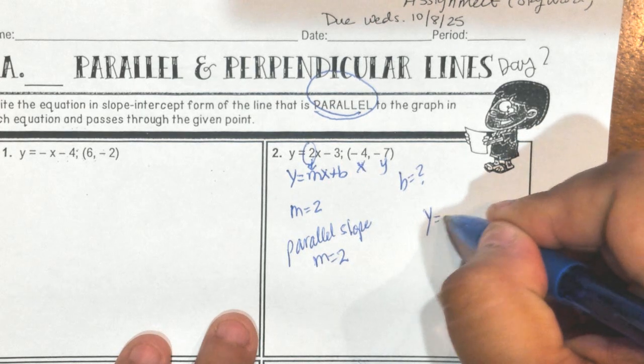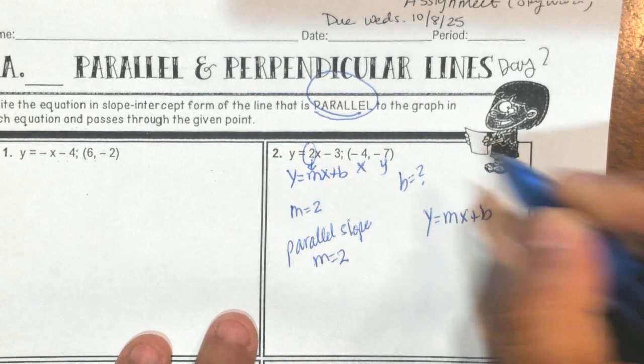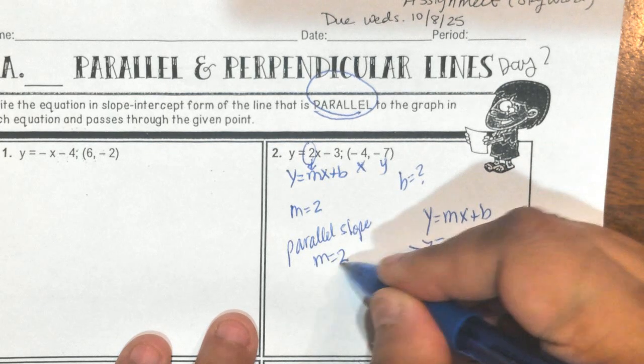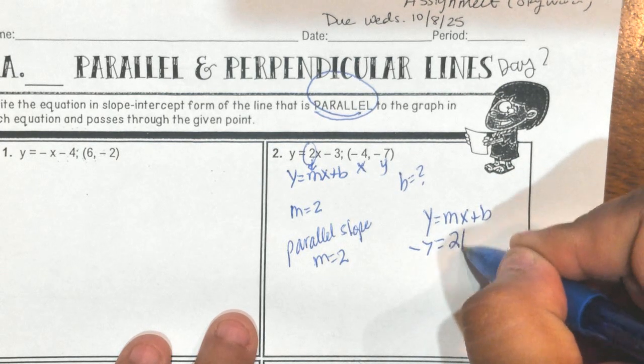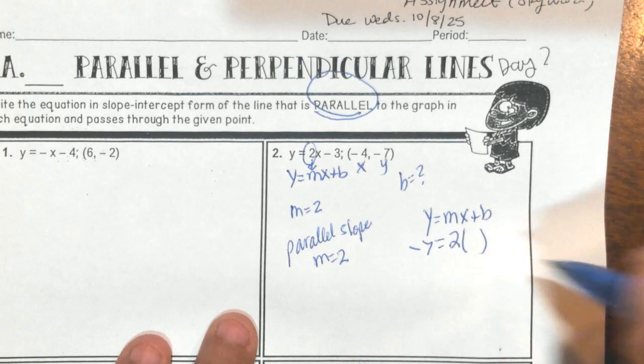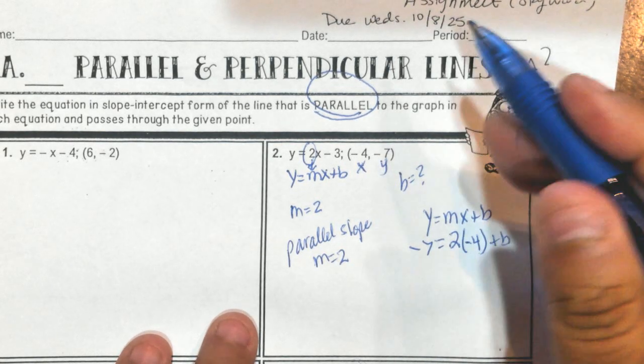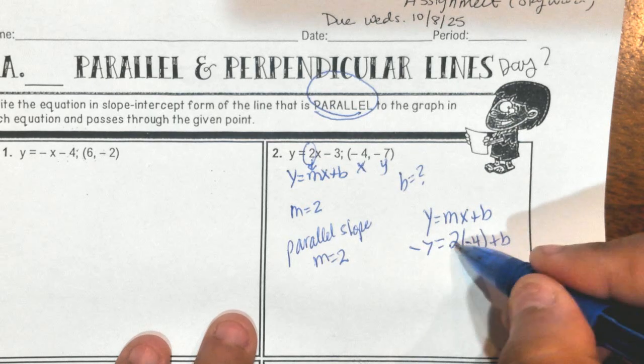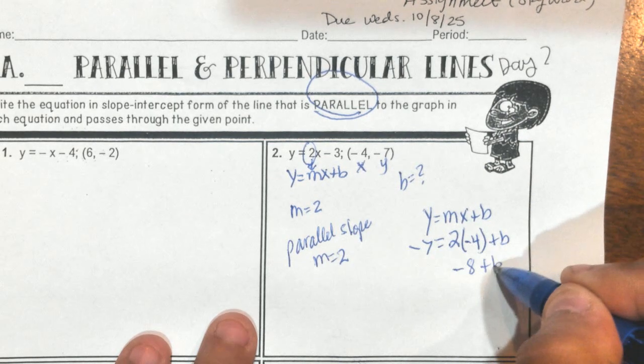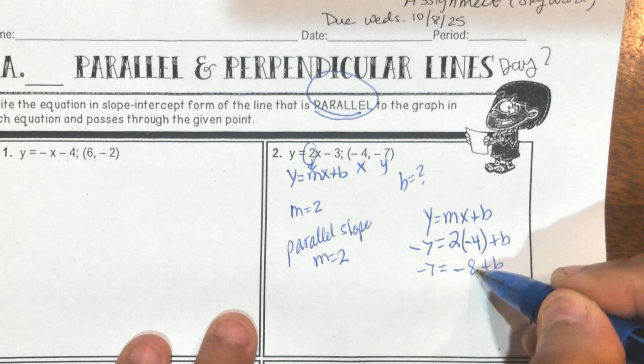So I do y equals mx plus b. Put the y where the y is. Put your slope where the slope is, parallel slope, and negative 4 plus b. 2 times negative 4 is negative 8. How do you get rid of a minus 8?